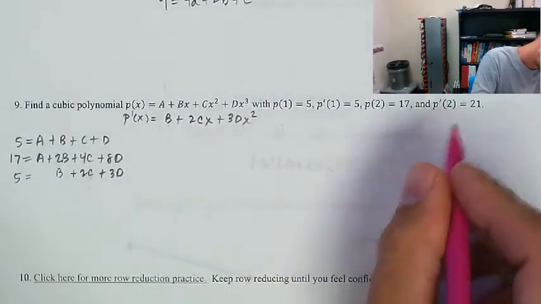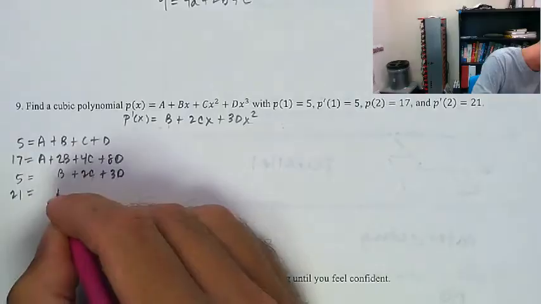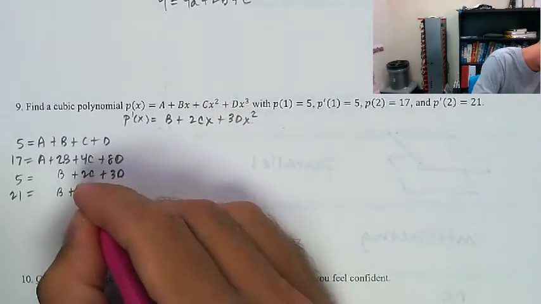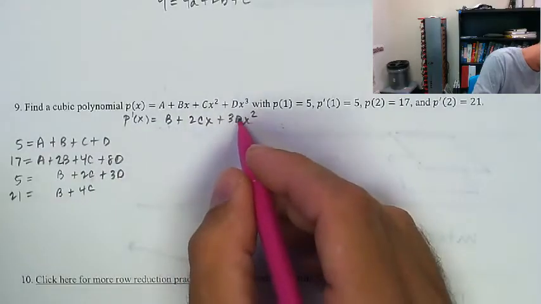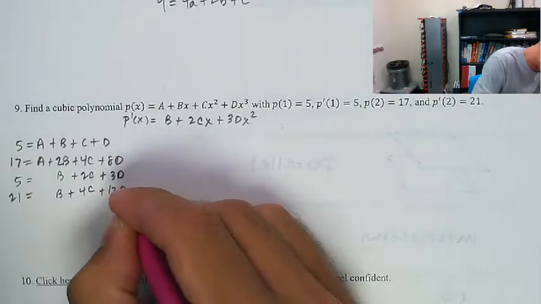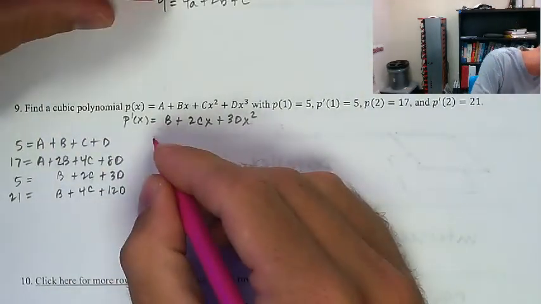All right. And then the last one is 21 equaling P prime of 2, so that'll be B plus 2 times C times X, which will be 4C. And 3DX squared will be 3 times D times 4. That'll be 12D. All right, so I'm going to write myself my augmented matrix.